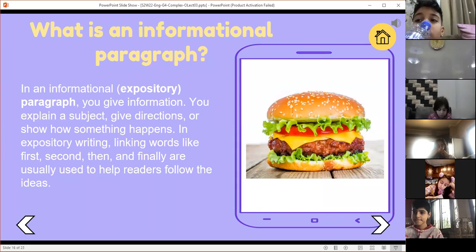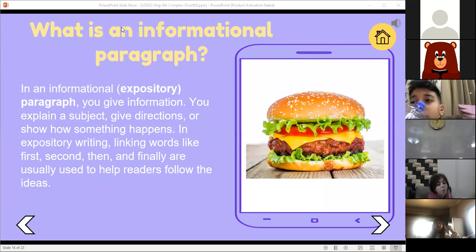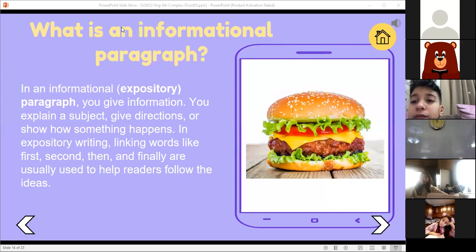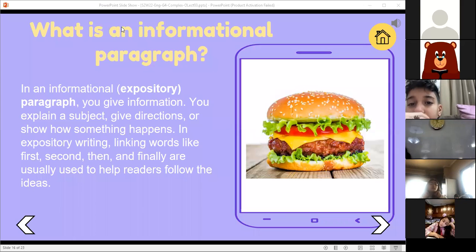Fadl, can you please read for us this paragraph? Yes, miss. In an informational expository paragraph, you give information, you explain a subject, give directions, or show how something happens.